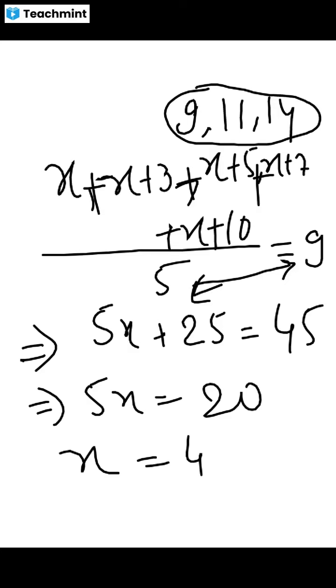Oh, okay, ma'am. Actually, I didn't write properly. No, this is division form. Divided by 5 is equal to 9, so both are multiplied now. Yes, ma'am, understood. What is mean? Mean is equal to the sum of all the terms divided by the number of terms.